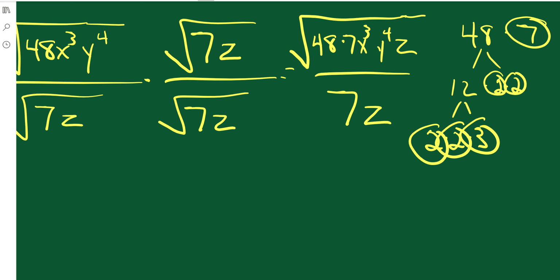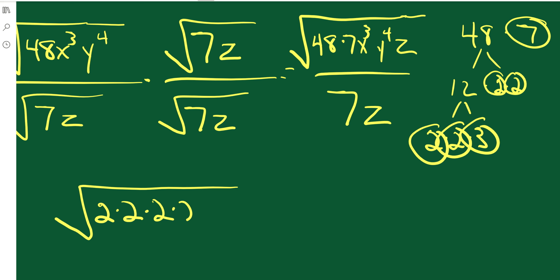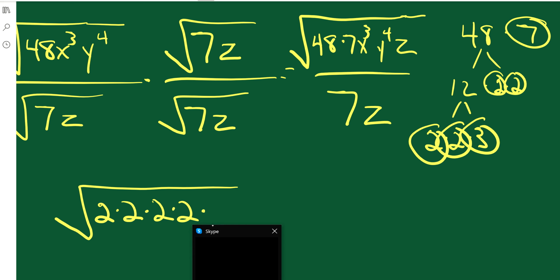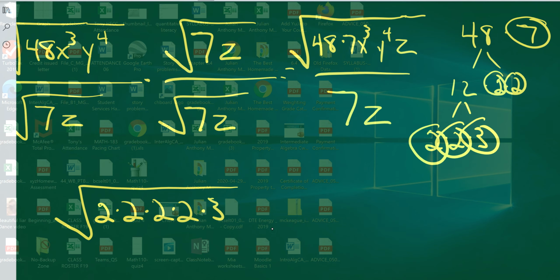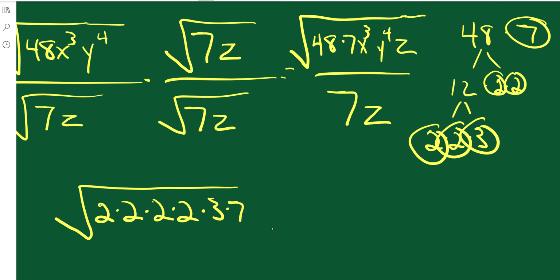Okay, so underneath my radical sign, it's going to be 2 times 2 times 2 times 2 times 3 times 7. I've included that 7 in it.